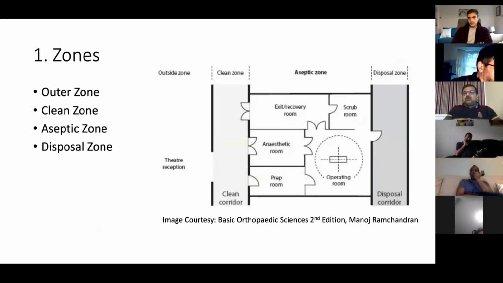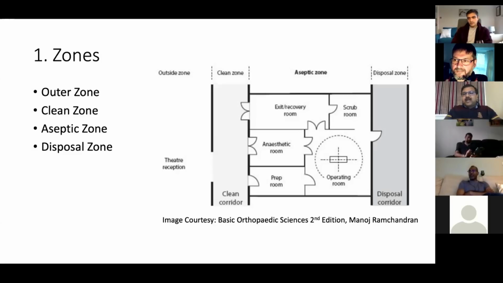The corridors inside the theater reception are the clean corridor. The operating table and all the immediate adjoining areas are the aseptic zone. And then there is the disposal zone, which is the unclean area directly related.